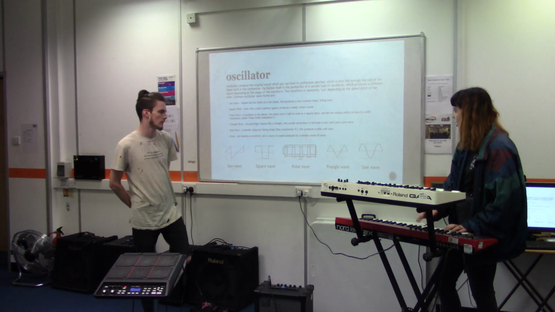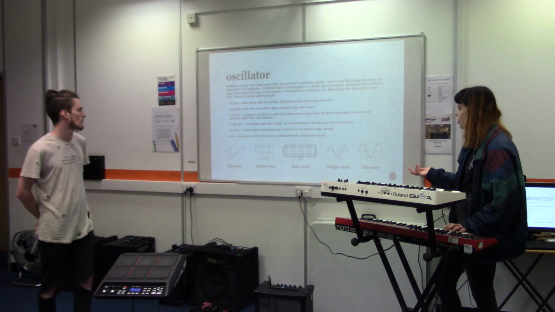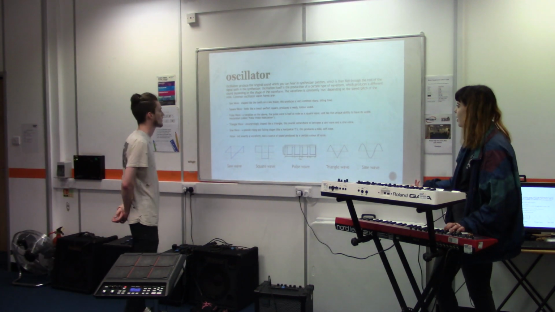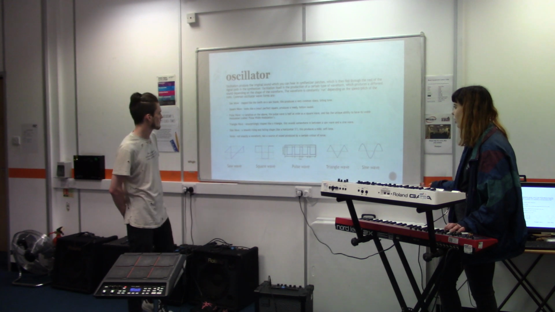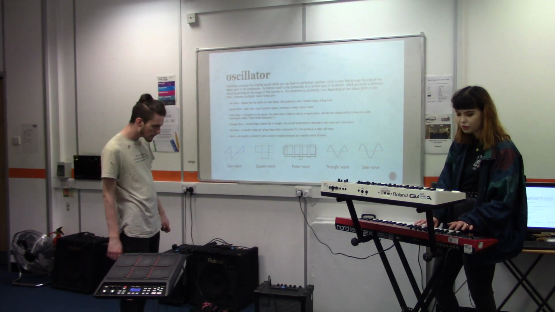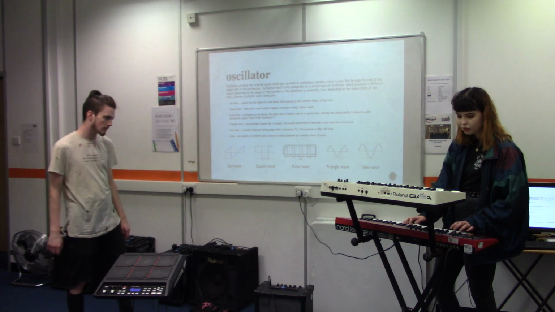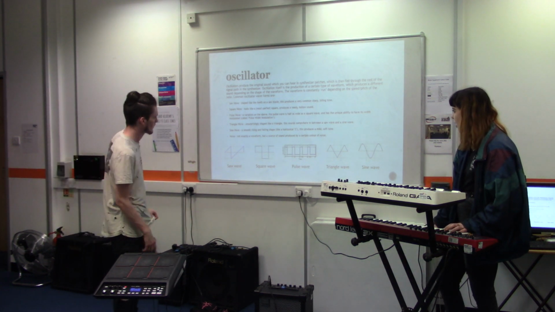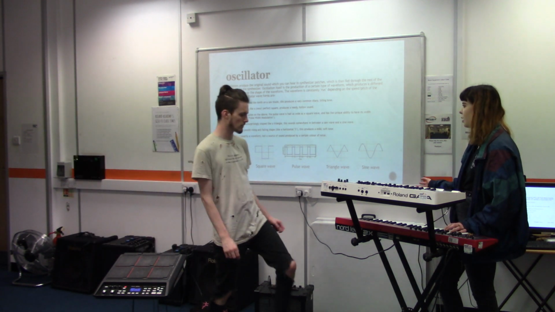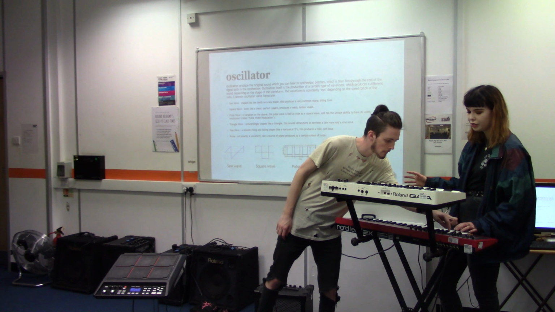Unsurprisingly shaped like a triangle, this sounds somewhere in between a saw and a sine wave. And then you've got the sine wave, which is a smooth rising and falling shaped like a horizontal S. This produces a mild, soft tone. And then just noise. It's not exactly a waveform, but a source of sound produced by a certain colour of noise.